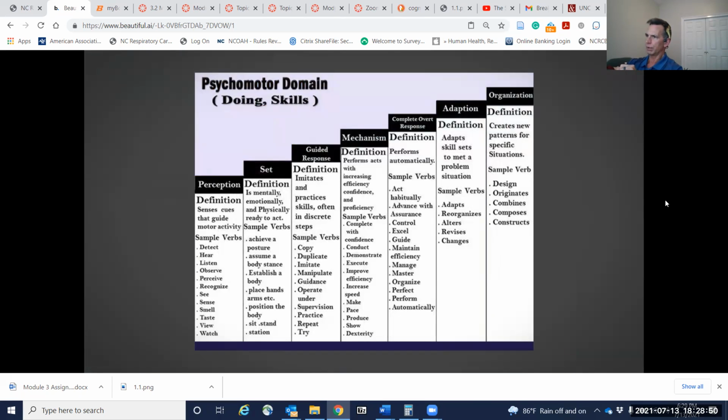It's sort of similar, but again, the definitions, you need to be aware of what you're doing and why you're doing it. If you'll notice, the blocks at the very top are a little different. So you got perception, set, guided response, mechanism, complete overt response, adaptation, organization. Let's focus on adaptation.